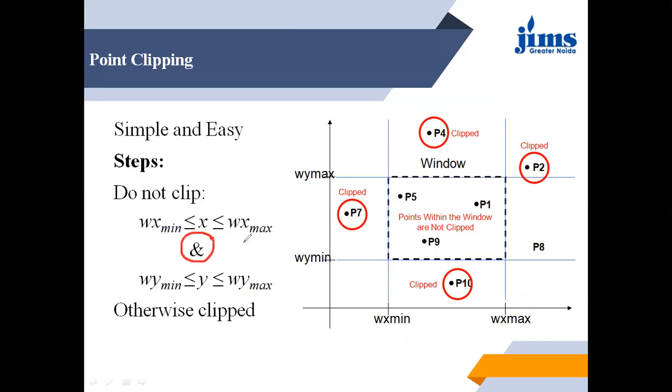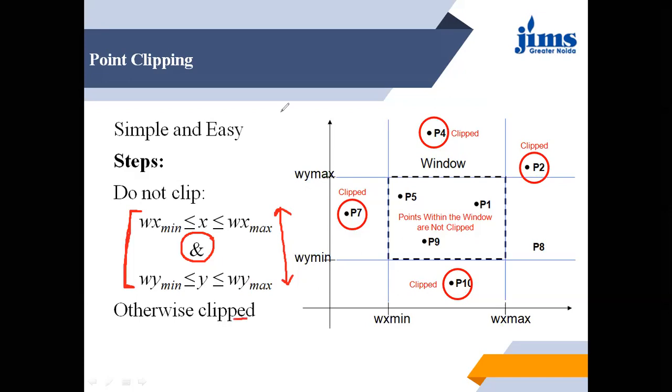If the point satisfies this property, there is no need to clip the point, as it is within the window. And when this condition is not satisfied, we have to clip the point.